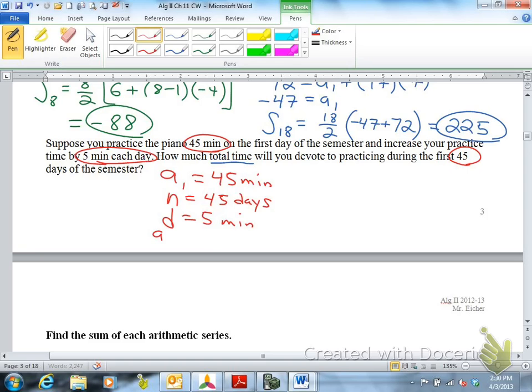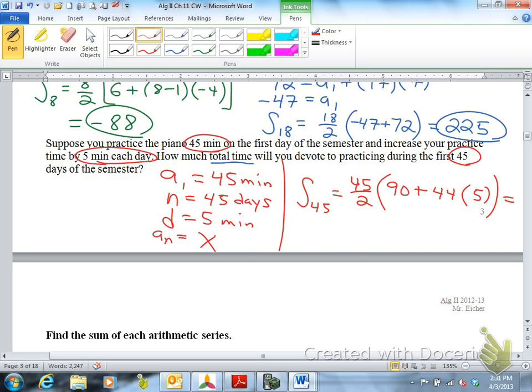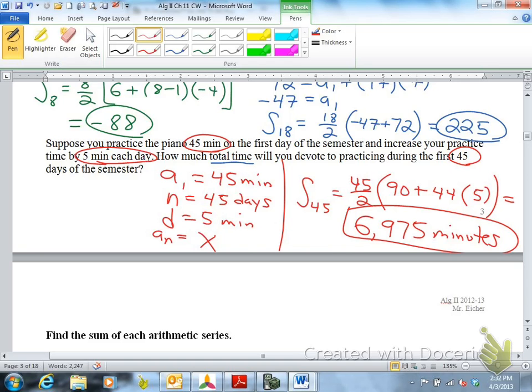And a sub n, we don't really need a sub n because we have a formula that will use all these. So the formula is S sub 45 days equals 45 over 2, double the first term, which is 90, plus n minus 1, 44, times d, which is 5. And that will give you total minutes that you practice the piano. 6975 minutes.